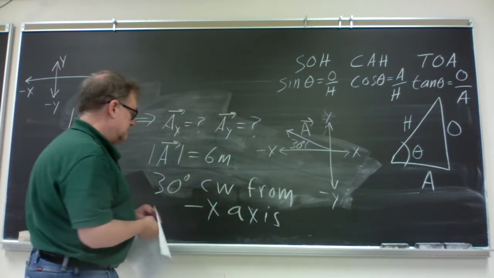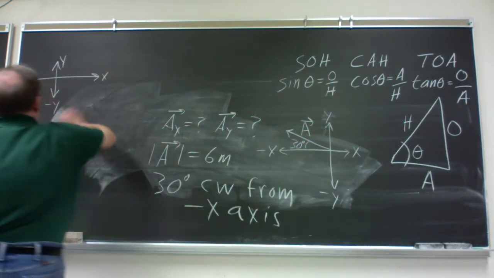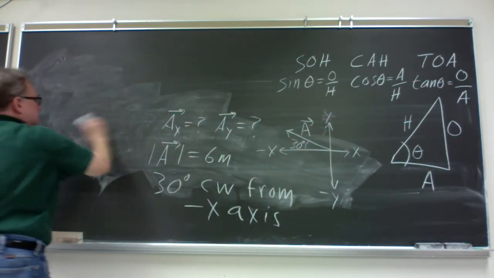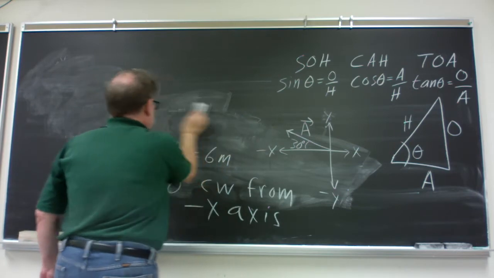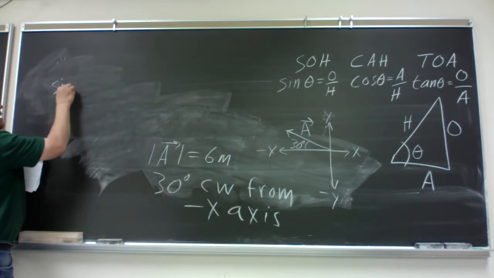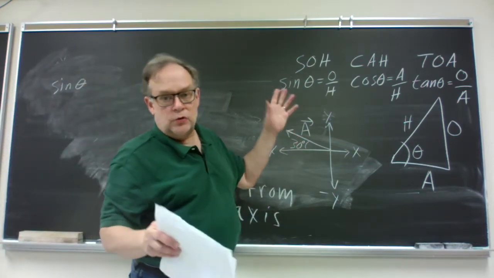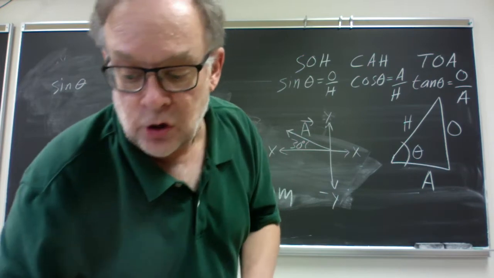Here's how we do it. So sine of some angle, and we know this is a 30-degree angle, so we'll use that as our angle in this case.